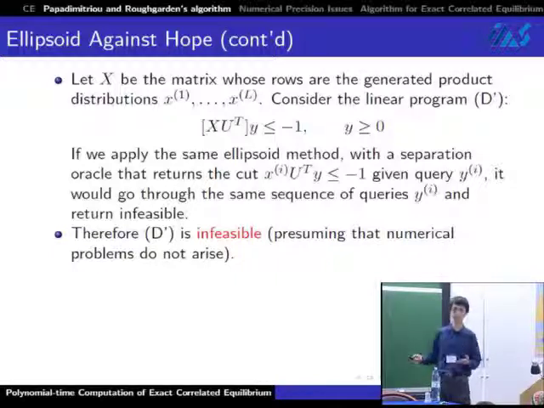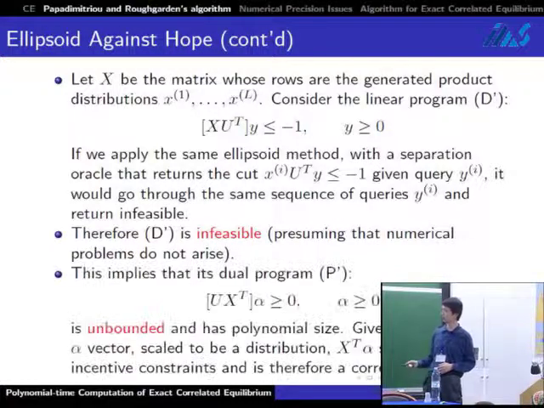And therefore, we can conclude that D prime is infeasible, presuming that certain numerical problems do not arise. So in a couple of slides, we'll see what these numerical problems are.